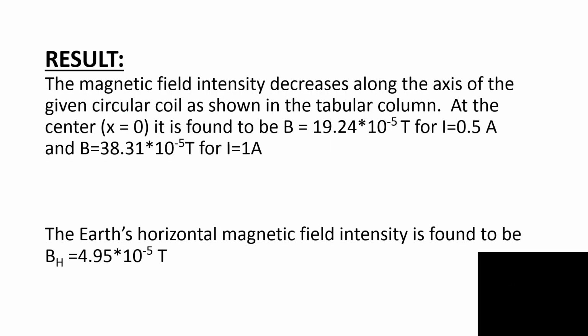Then results are listed. You can see at the center the magnetic field is more, and when it moves away from the center the magnetic field goes on decreasing along the axis.